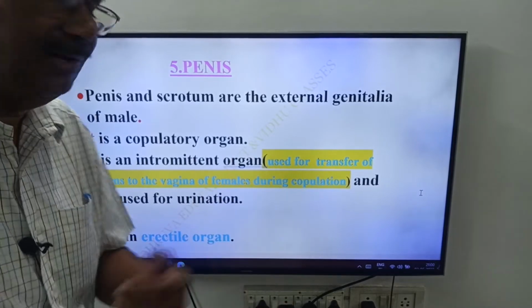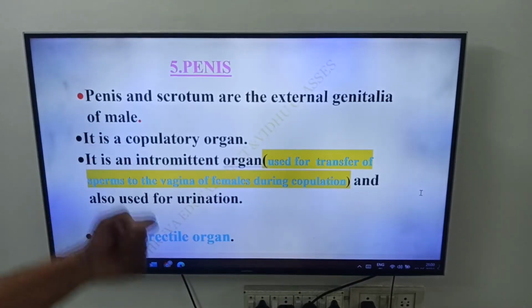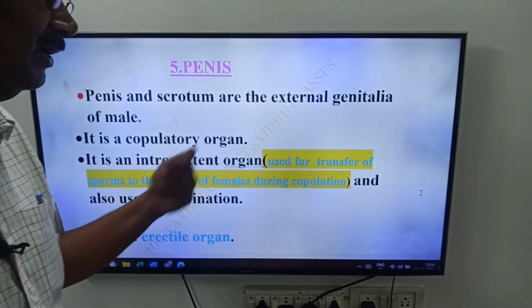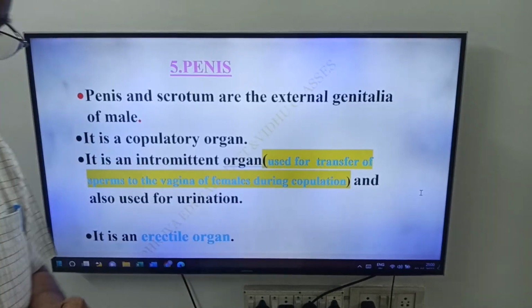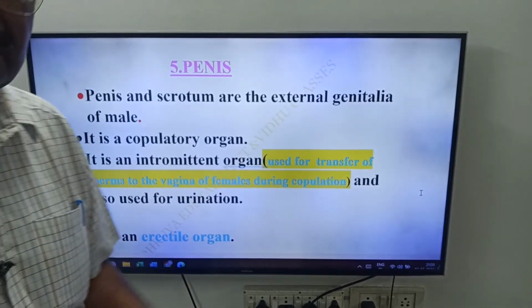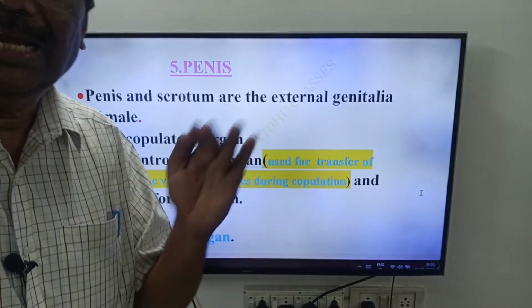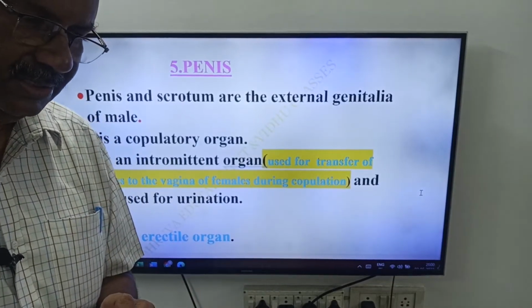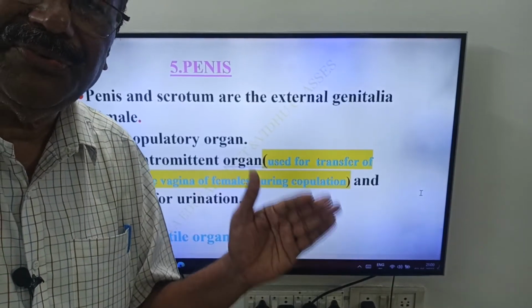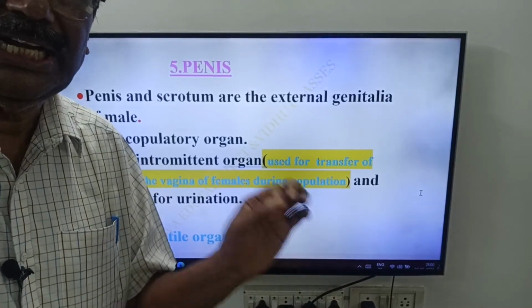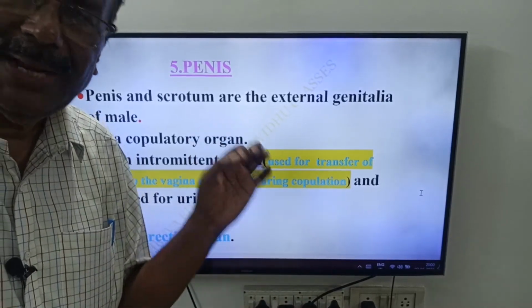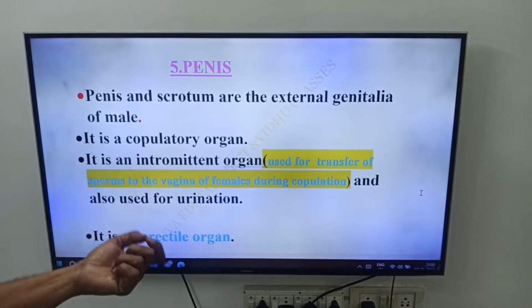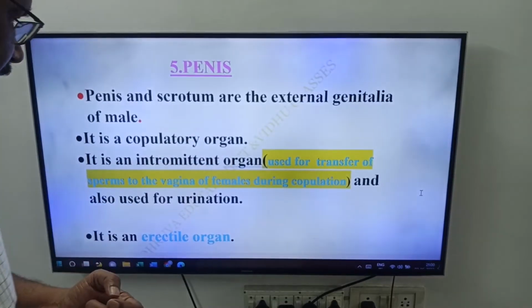What is its function? It is an intromittent organ. Intromittent means what, friends? The organ which is used for transfer of sperms to the vagina of the female during copulation is called an intromittent organ. So the penis is an intromittent organ.